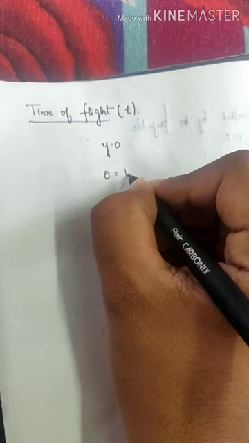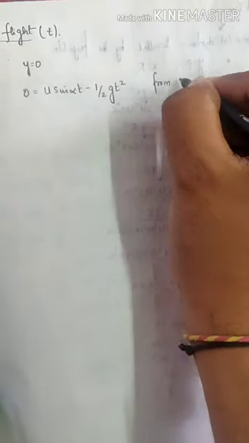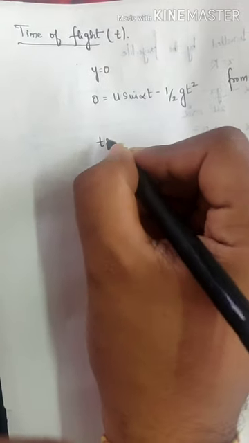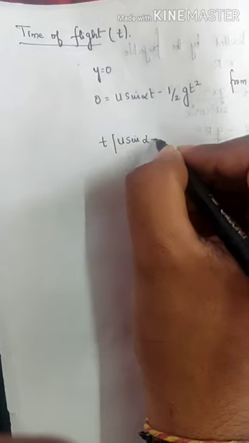So that equation will be 0 is equal to u sin alpha t minus half g t square. This is from equation B. Solving this, it will be t into u sin alpha minus g t by 2, and this will be 0.